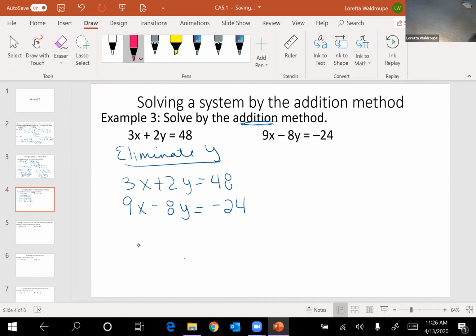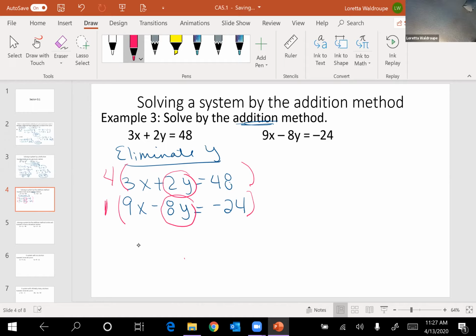Okay, looking at my y's right here, I want to ask myself, what does 2 and 8 both go into? Well, they both go into 8. So to make this an 8, I have to take the top equation times 4. I already have an 8 on the second one, so I take it times 1.